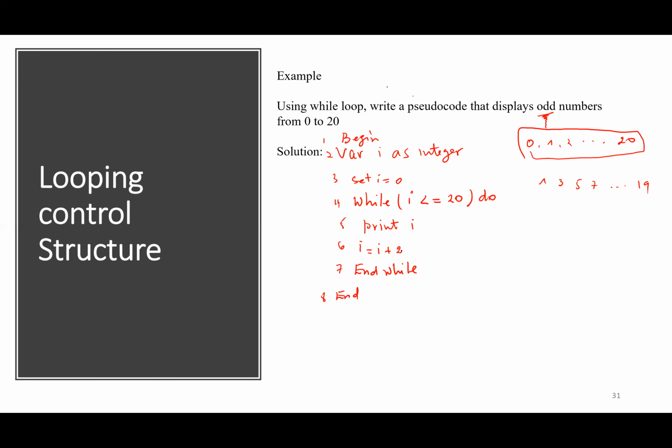Yes, Santete. I want to know why, in the first place, you said set I equals 0. The program says from 0 to 20. This is what the question says. So do you think we need to change?